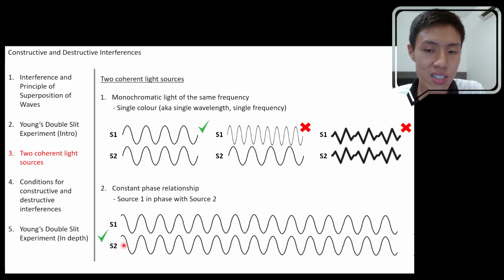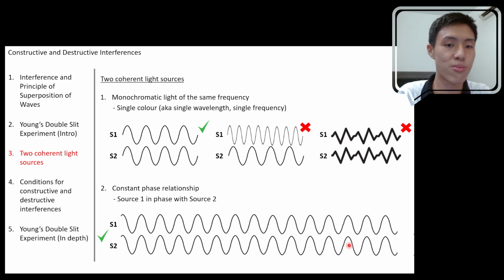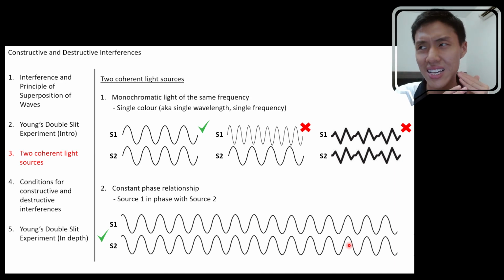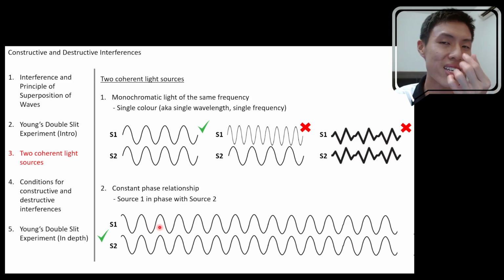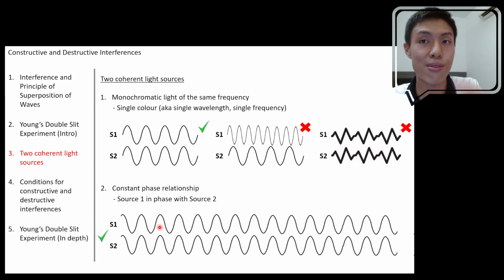This is a constant phase relationship, but not just because they are in phase, but because they are in phase all the time. That's the meaning of constant phase relationship. It's not because they are in phase, but because they are in phase throughout the experiment.